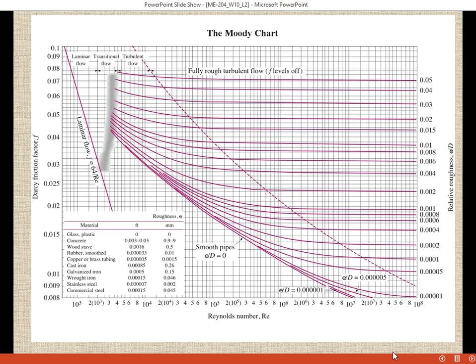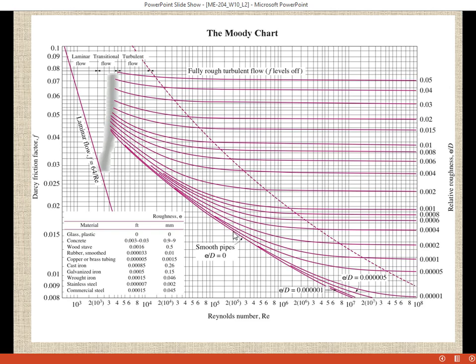Let's see how it is. This is 10 raised to the power 5, this is 1, and 1.2 is somewhere here. Go up from here. The relative roughness 0.00004, so 0.00005 is somewhere here, and the curve is somewhere parallel to this line, just below it.